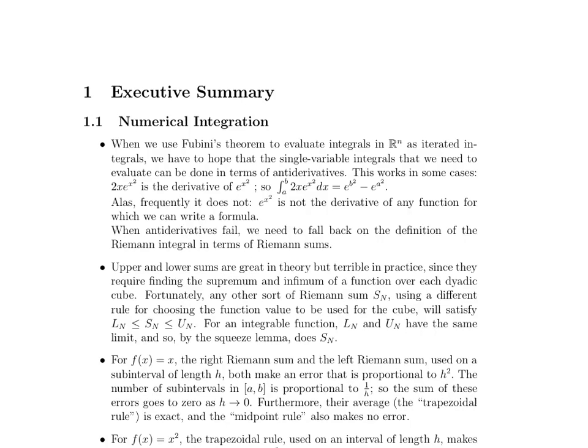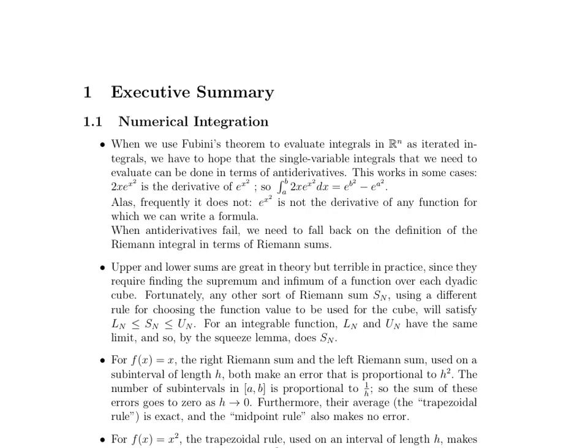Now we're going to move on to a body of functions that are a little bit more difficult to integrate using those rules. Using Fubini's theorem, we're able to basically evaluate a double integral by using an iterated integral, so effectively at any point in the process, we're only handling a single integral. And our success in being able to do that ultimately depends on our ability to take an antiderivative.